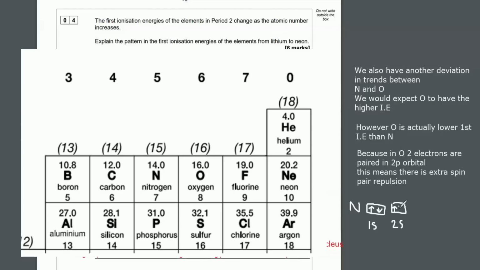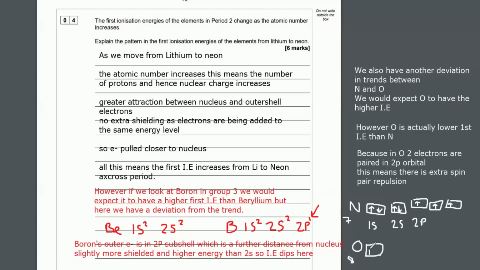So if we look here at the electronic configuration of nitrogen, it has 7 electrons, so 2 in the 1s, 2 in the 2s subshell, and that leaves 3 electrons left. So it's got 1 electron in each of the 2p orbitals. You can call those x, y, and z, and that means that they're half filled.